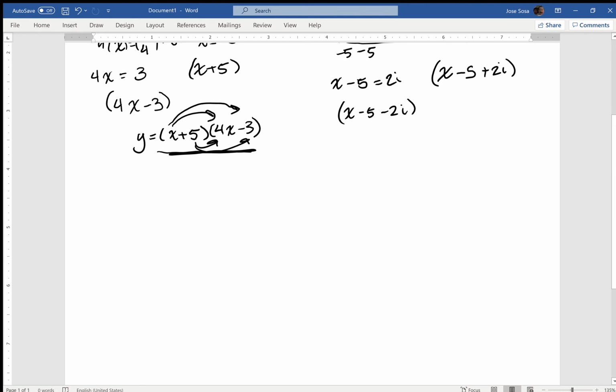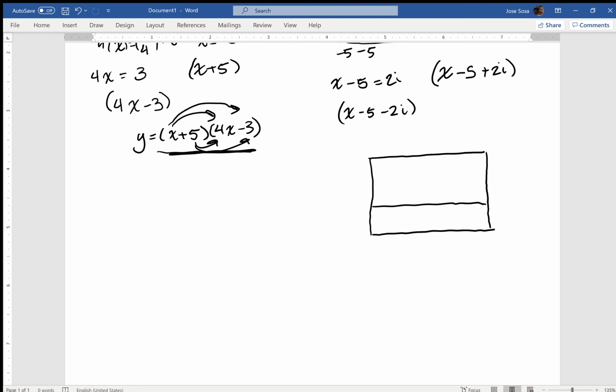Okay, so I'm going to make a generic rectangle here, because I think it's simpler to do the generic rectangle for trinomials like these two guys. So I'm doing x minus 5 minus 2i, and then x minus 5 plus 2i.